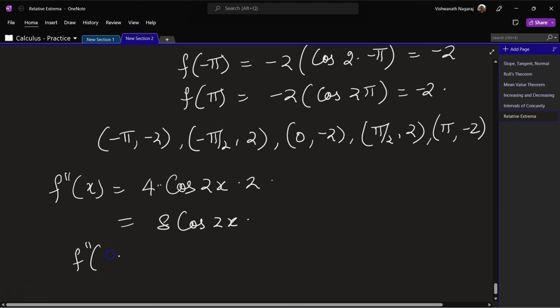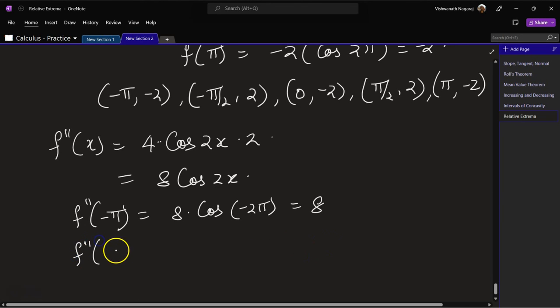So f double prime of minus pi would be equal to 8 times cos minus 2 pi, which is equal to cos 2 pi, which is going to be 1. So f double prime of minus pi by 2 would be 8 times cos 2 times minus pi by 2. So that means cos minus pi, which is minus 1. So minus 8.